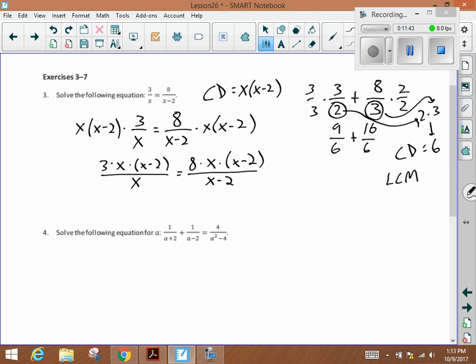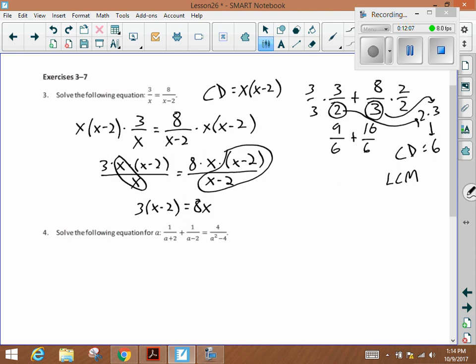But what goes on? Here, I have 1, so those are going to cancel. And over here, these are also just 1. So those are going to cancel out. So what I have left is 3 times x minus 2 on my left-hand side. And on my right-hand side, I'm left with 8x. And it becomes much simpler.